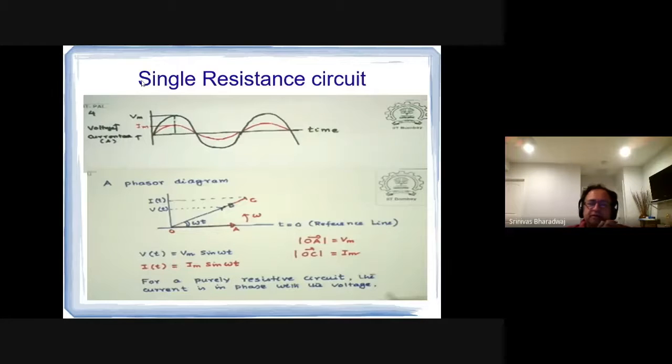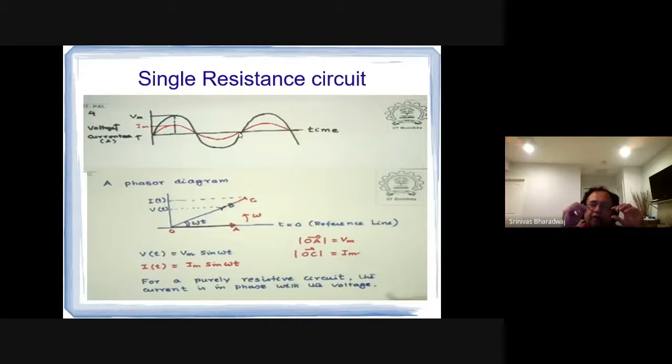For a purely resistive circuit, the current is in phase with the voltage. What does that mean, in phase? It means that the ebb and flow matches. So V and I are in phase means that the peak of V matches the peak of I, and the zero of V matches the zero of I. So in a resistive circuit, you will have an in phase voltage and current.